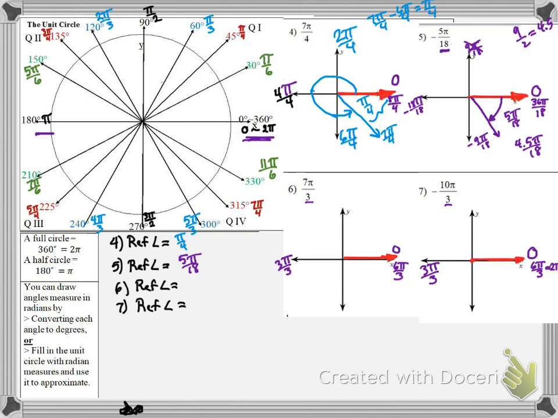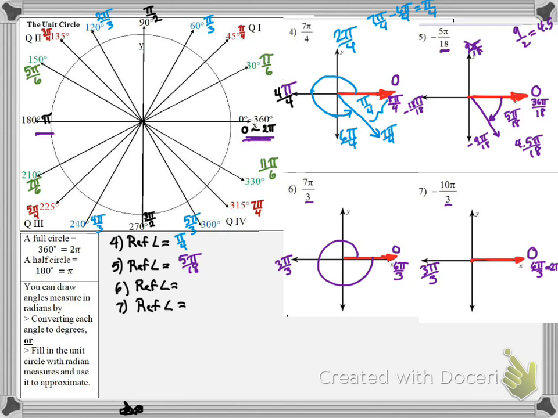Let's go number 6. I'm trying to draw 7/3. And a whole circle is 6/3. So I know that I'm drawing more than a full circle this time. If I start here, positive goes up, go around this circle. There's 6 pi over 3.